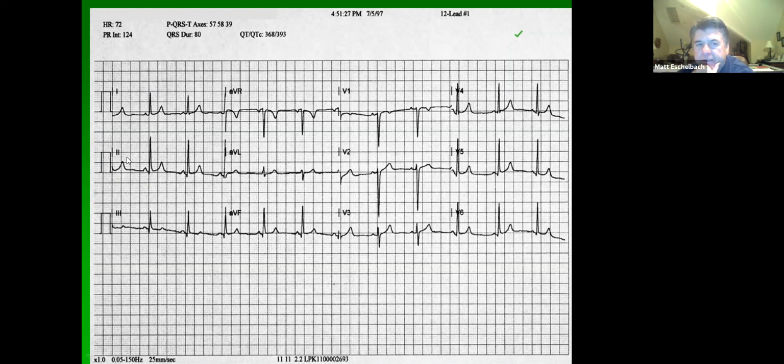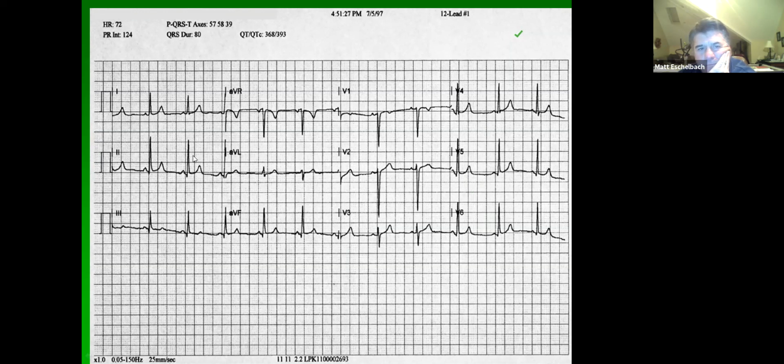So 1, our lateral, now our inferior. Now we go to our septal, V1 and V2. And then we'll go to our anterior, V3, V4. And we've already talked about our lateral, V5 and V6.